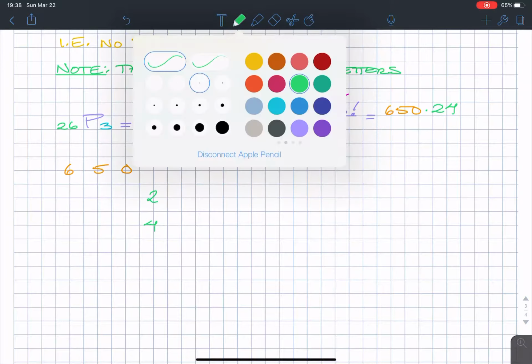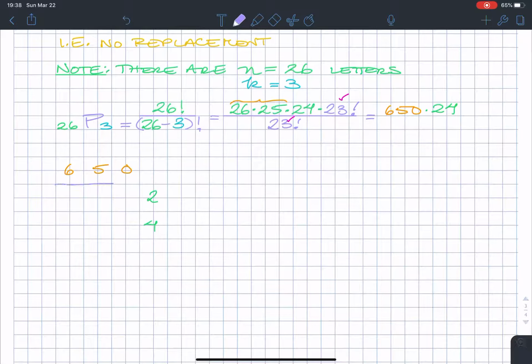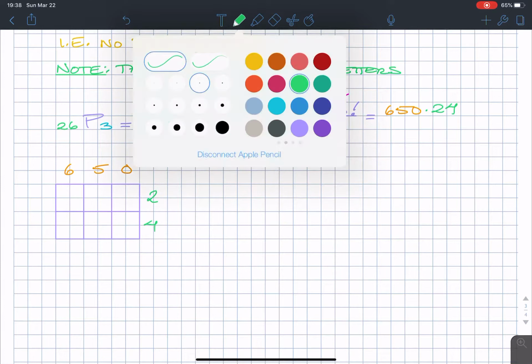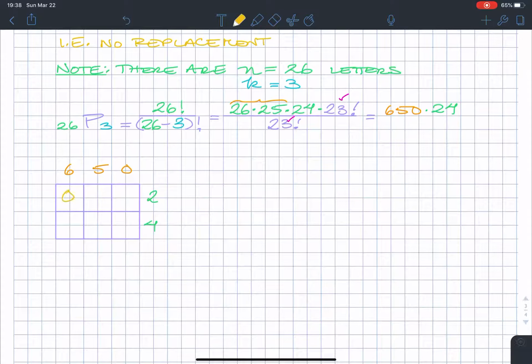So what I do for the lattice algorithm is I create a box. Notice I have one of the numbers on the top, one on the side. Doesn't matter which is which. In this box here, top left, I have 6 and 2 that intersect. 6 times 2 is 12.